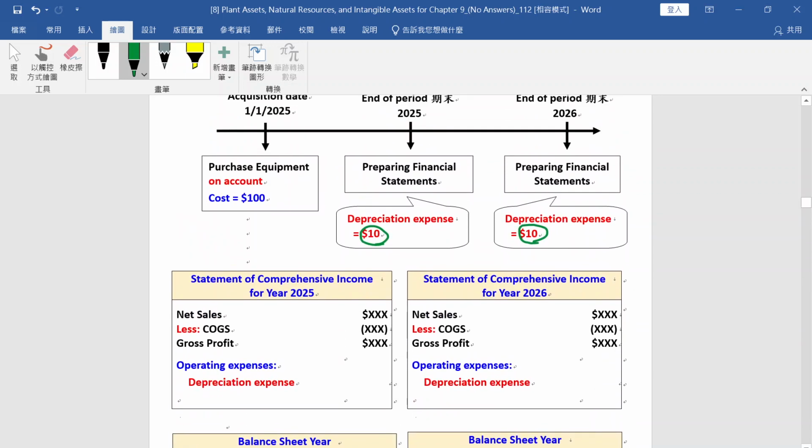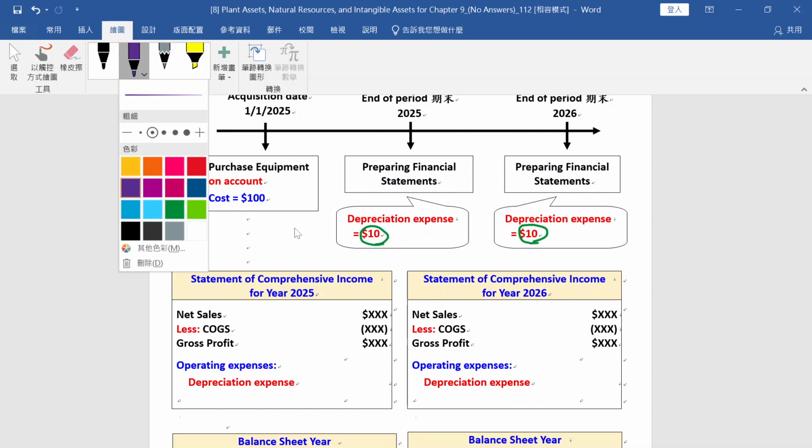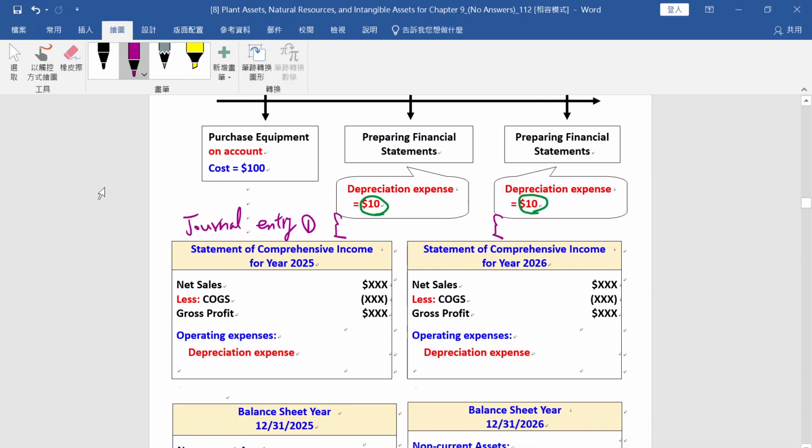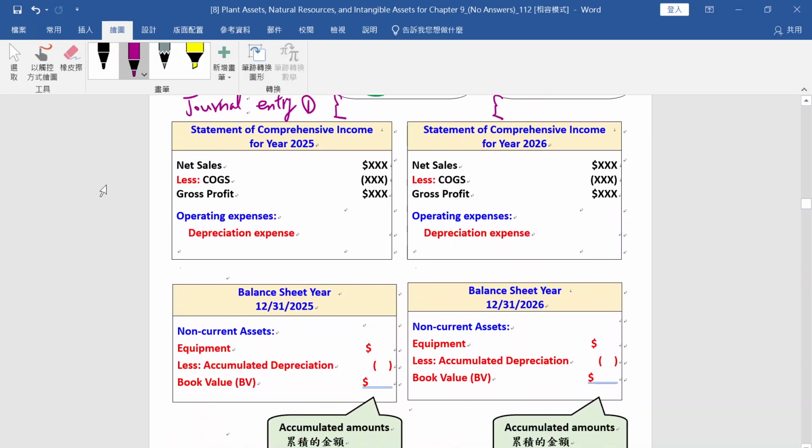first, please write down the journal entry for each year, okay? Even though here I didn't require it on the note, right now I want to require you to first find out the journal entry for each year. After that, please prepare the balance sheet and income statement for each year.